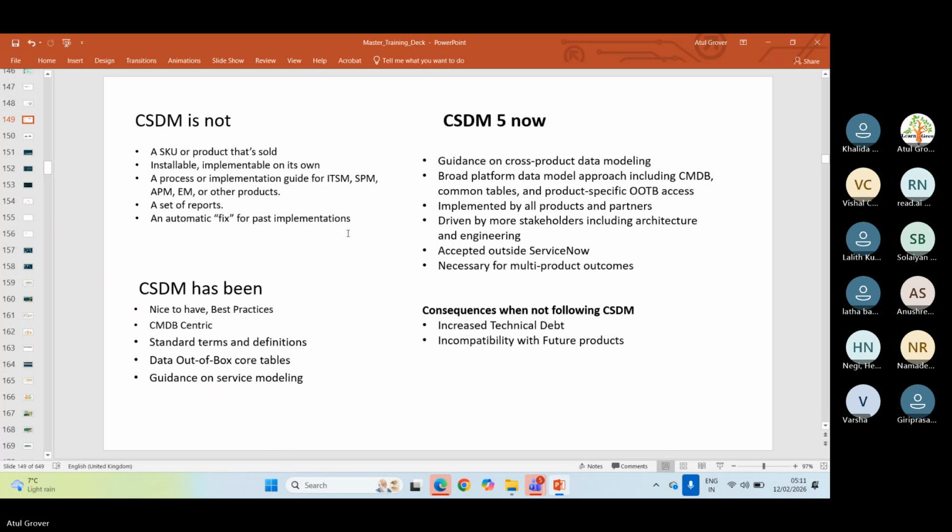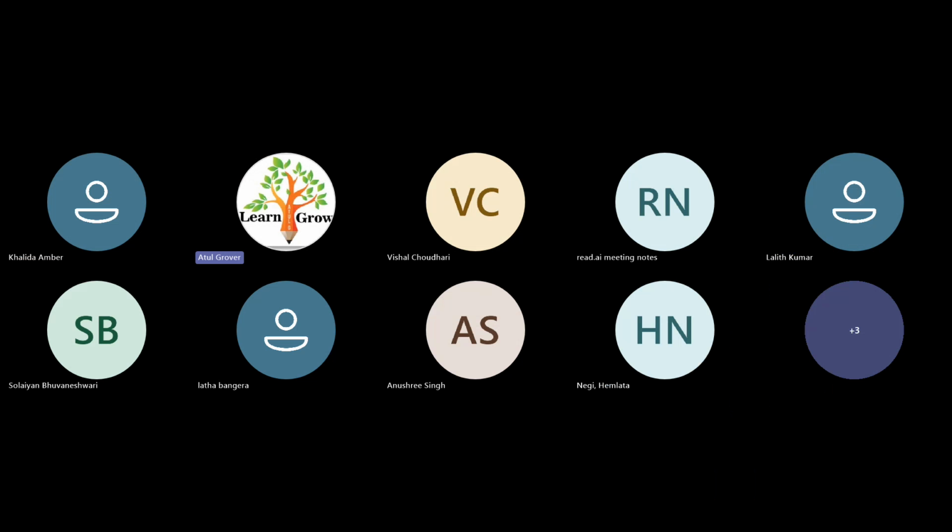In the slides, what you're seeing is the standard wording given by ServiceNow. I refer to a few things, and as I said, I am referring to the white paper as well. So let me stop sharing for a minute and open that white paper and show you CSDM here.